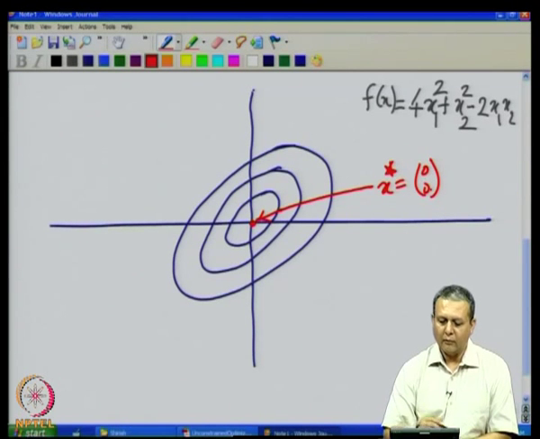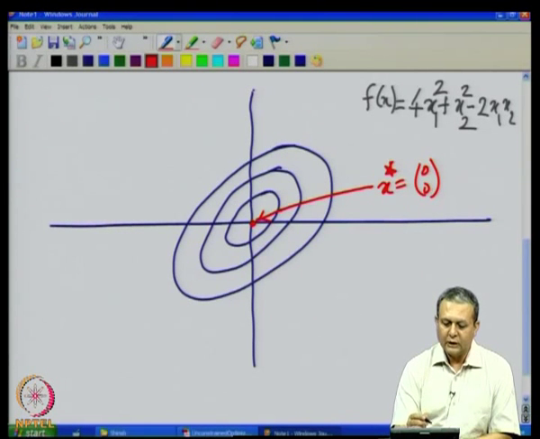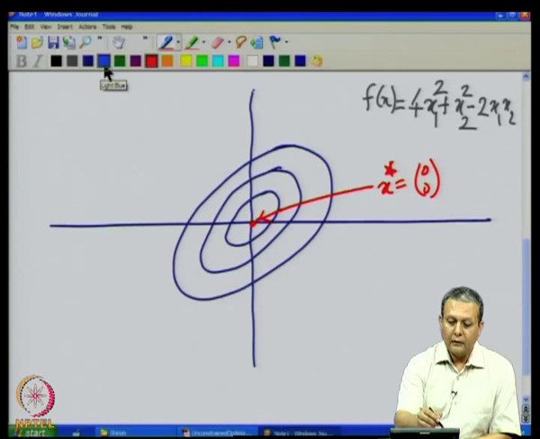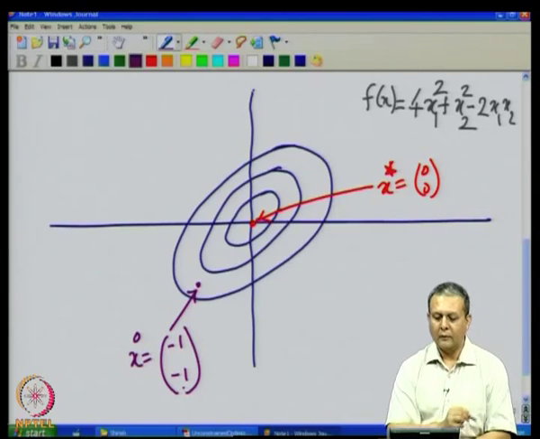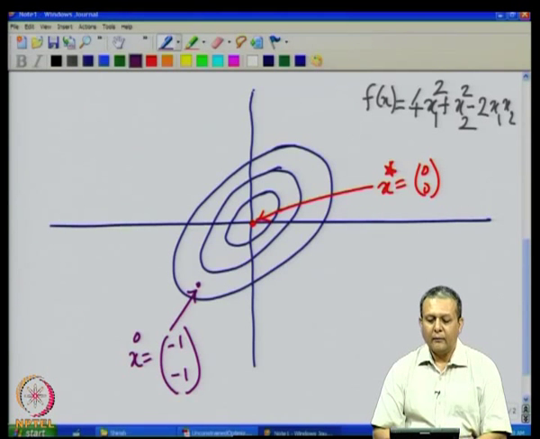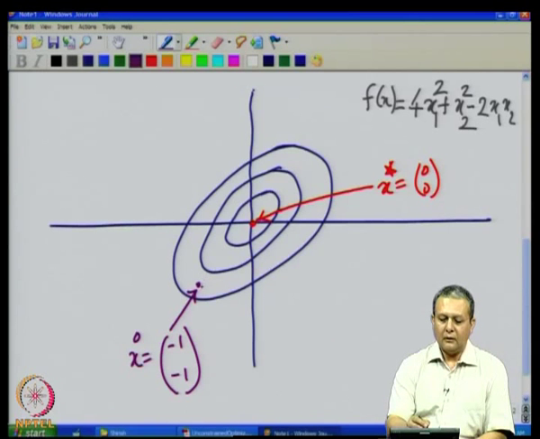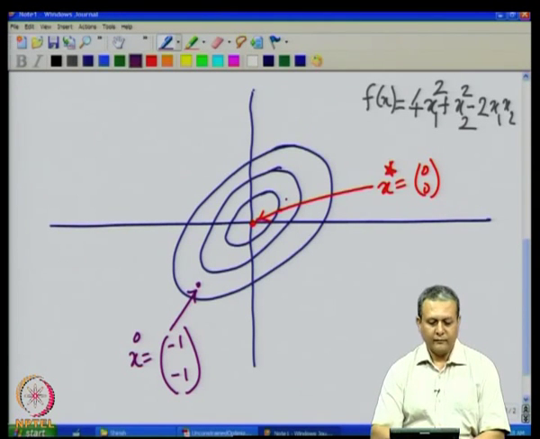This is the minimum, and suppose we start from the point x 0, which is minus 1 minus 1. So, this is our initial point and we want to find some directions d0, d1 such that we can reach from x 0 to x star.